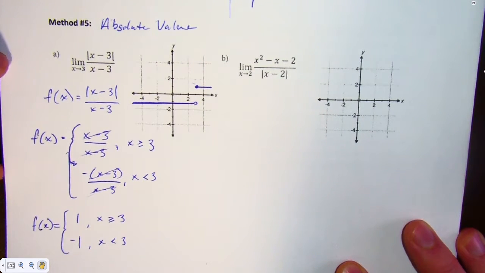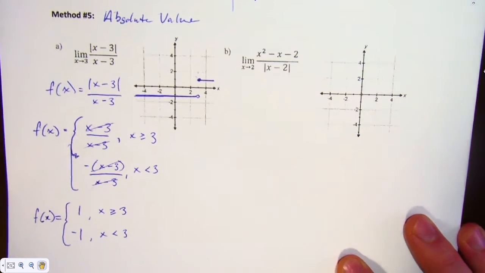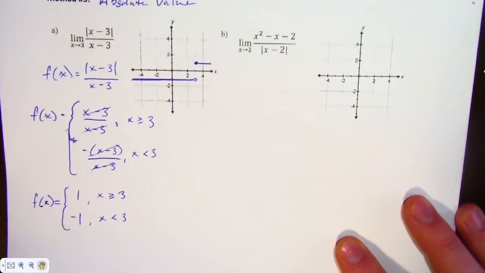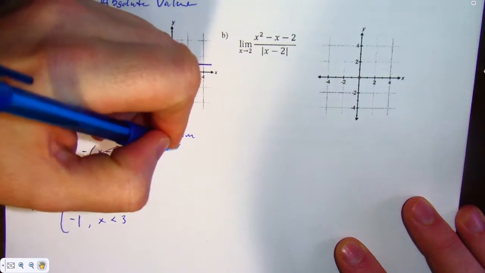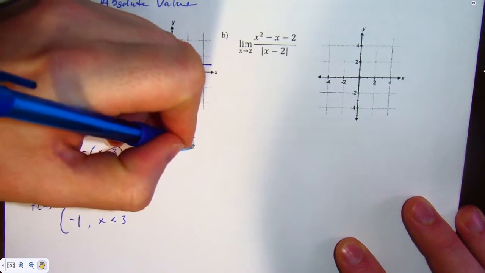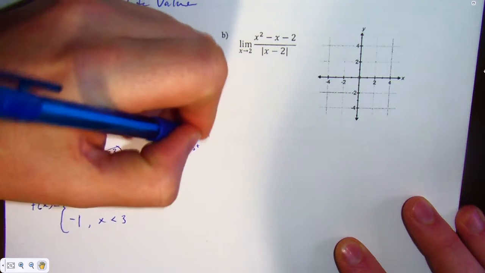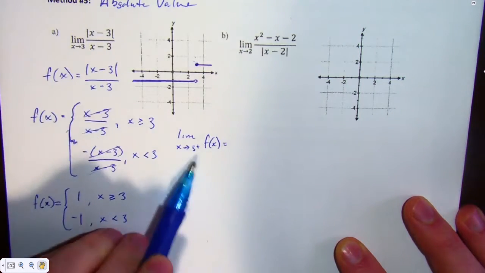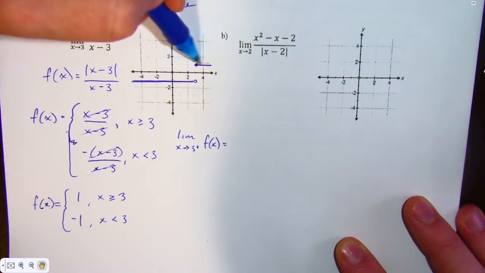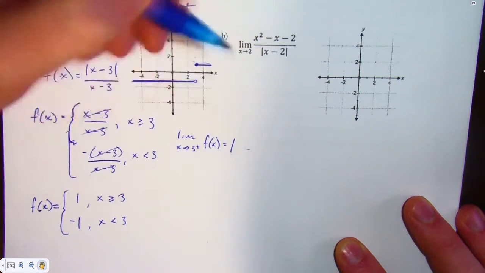So what we can do now is say that the limit as x approaches 3 from the right side, I'm just going to call it f of x because I want to write that all out, but from the right side you can see that it is approaching 1.